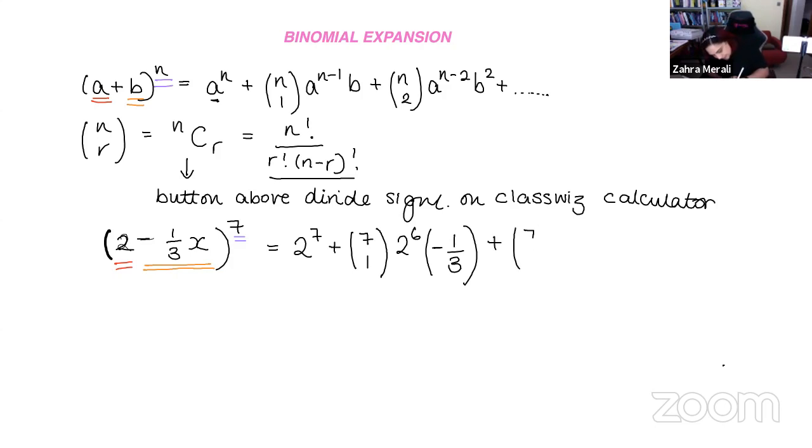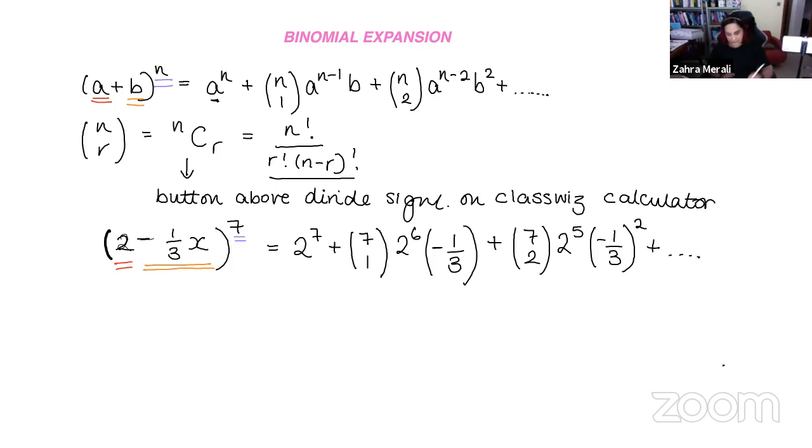Plus, and I know when you've done a few of these, you start to think you can do them really quickly, but always just lay it out. The working gives you the marks. You might as well get the marks there. So we've got n minus 2, so 7 minus 2 to give us 5. And then we're going to have minus 1/3 all squared. So it's inside the bracket. Now remember, whenever you see a negative squared, your brain's going, okay, I know this is going to end up being positive. And then plus dot dot dot to represent it goes on.